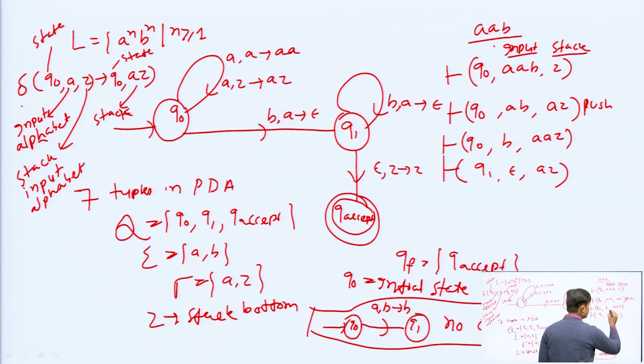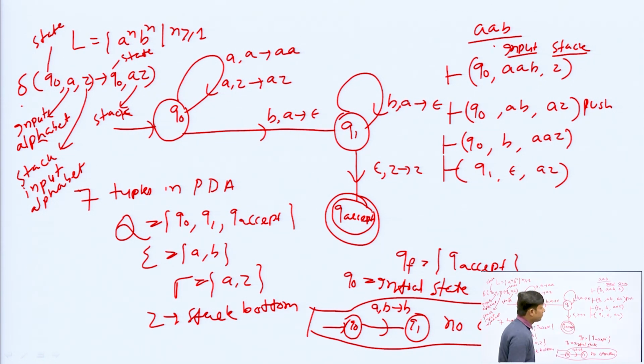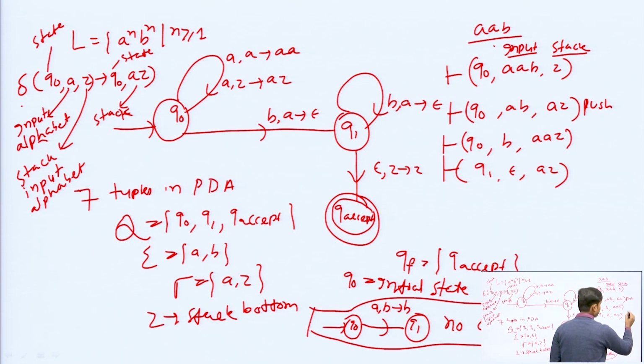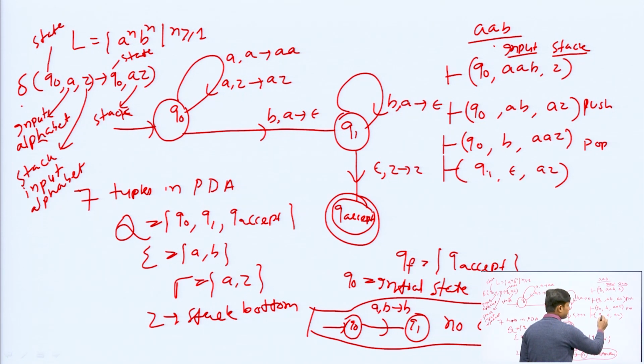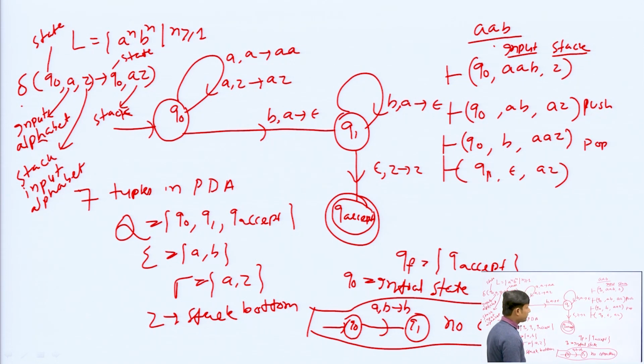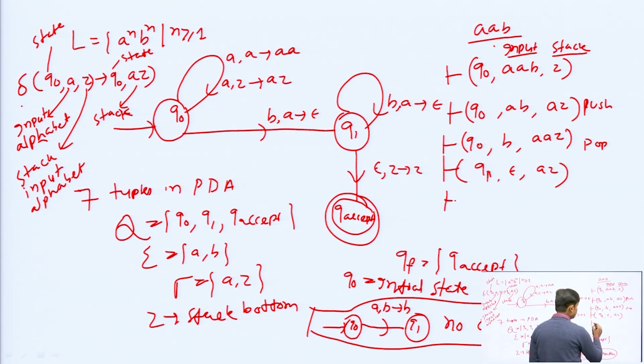When the input is B and the stack top is A, we have to pop this A. Then what do you have to do here? Q1, epsilon, A, Z. There is no transition from Q1 with epsilon input and the stack top A. So that's why it is rejected. No transition, then rejected.